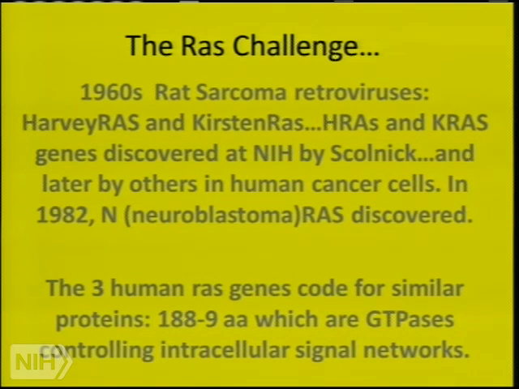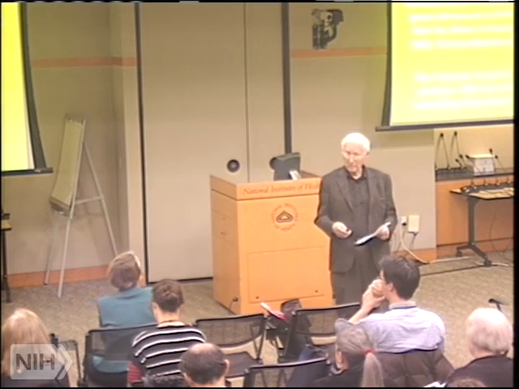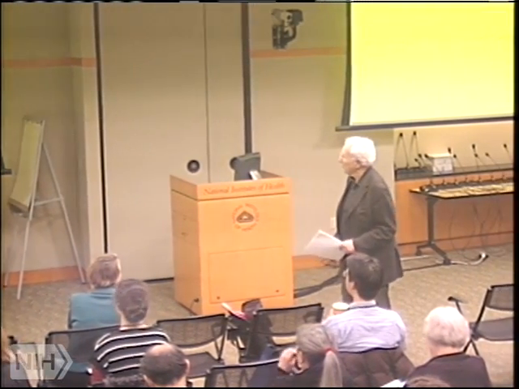The three human RAS genes code for very similar proteins, about 188 to 189 amino acids. And significantly, they are GTPases, which, as we will hear, control many aspects of intracellular signaling networks, and when overexpressed, are associated with growth, differentiation, and transformation.